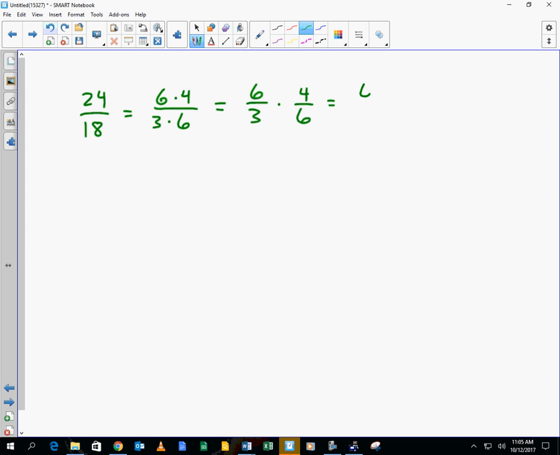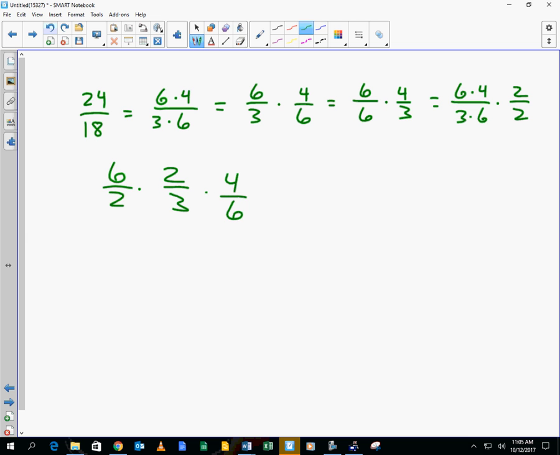Is that the same as 6 over 6 times 4 over 3? Is that the same thing as 6 times 4 over 3 times 6 times 2 over 2? Yep. Is that the same thing as 6 over 2 times 2 over 3 times 4 over 6?